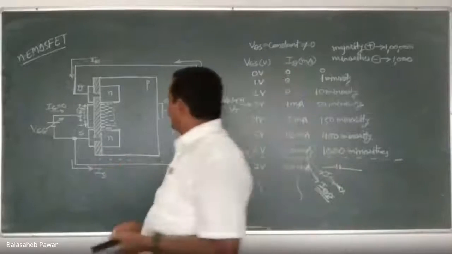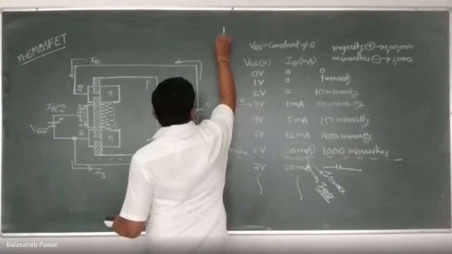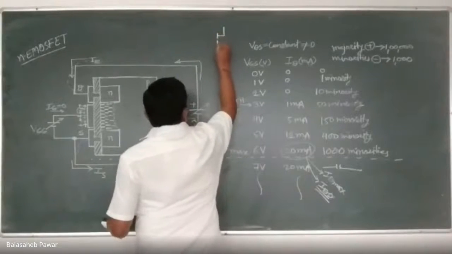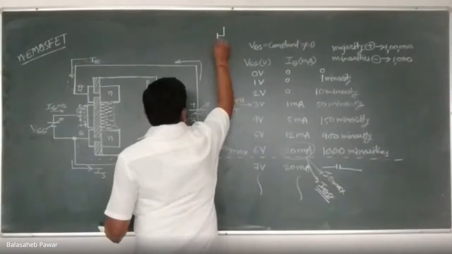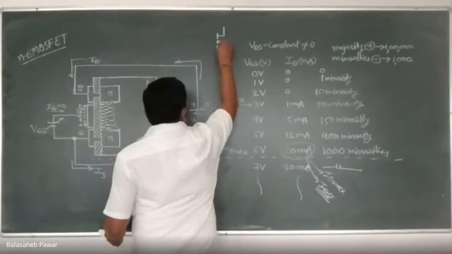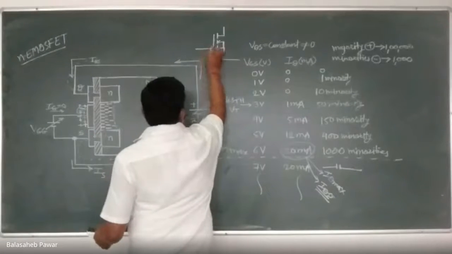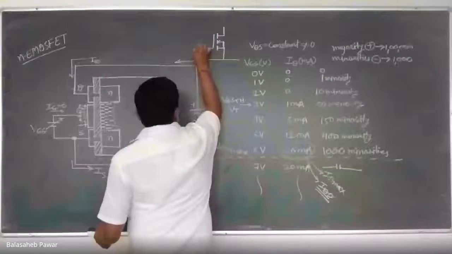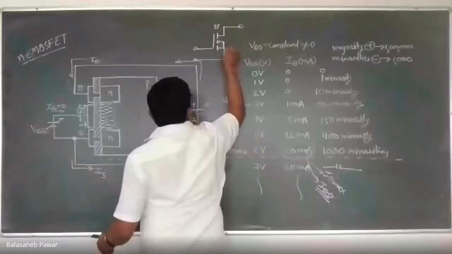You already studied the BJT and its various configurations, and you might have studied the JFET and its various configurations, which can be connected in 3 different ways in a circuit, right? So here I will try to show simply, we are considering the MOSFET like this. This one is the drain, this one is the source, and this one is the gate.